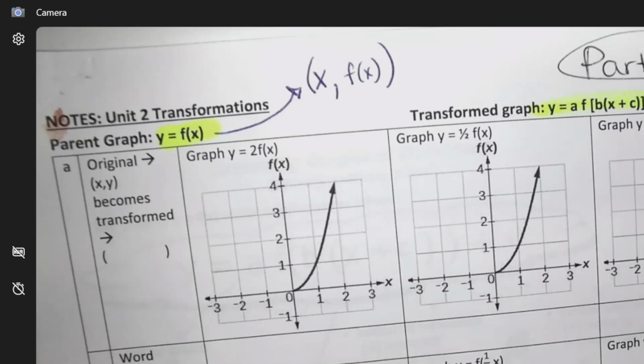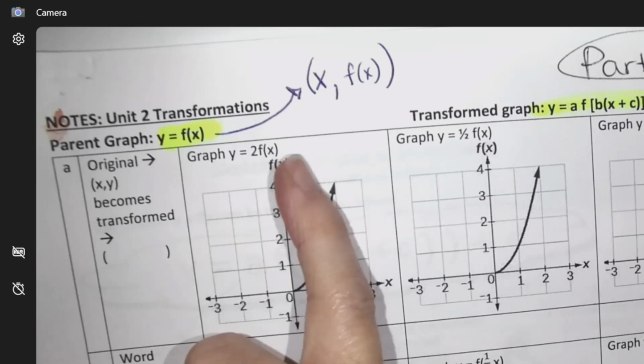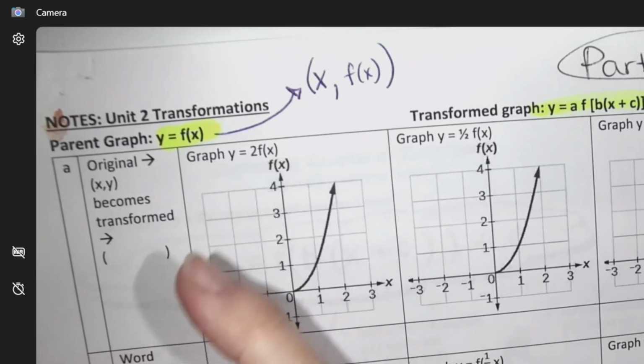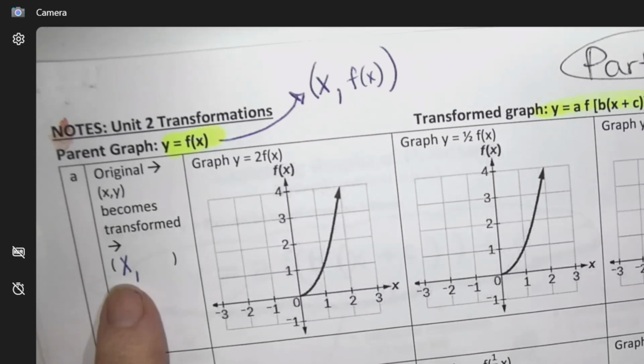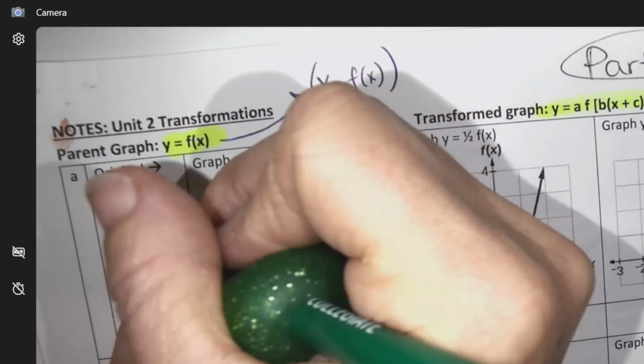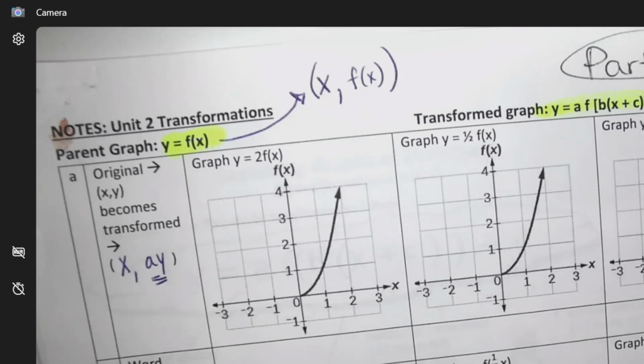Okay, so the A is the multiplier. So if it's multiplying f of x, it's going to change the y. Every coordinate would become x comma A times y. I'm multiplying the y.